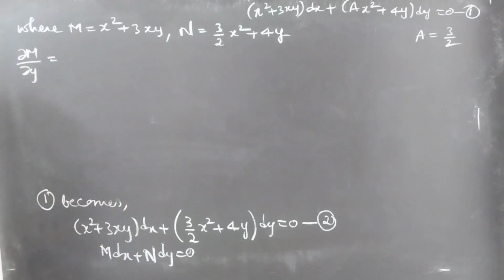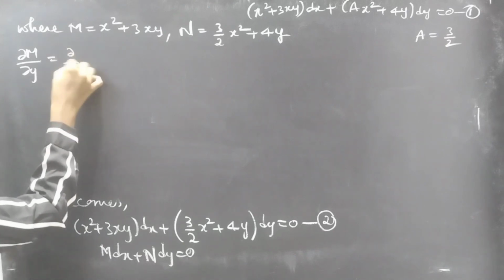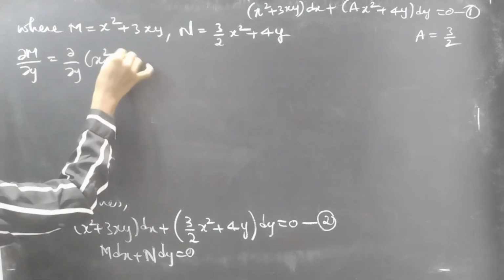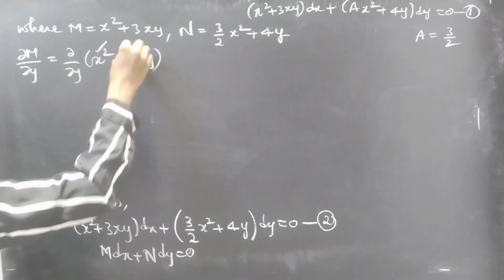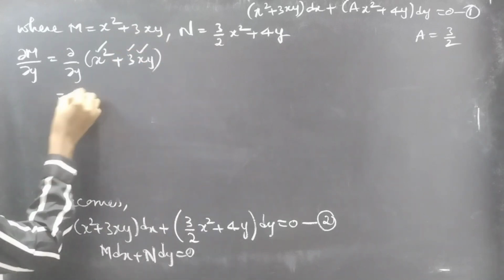I'll begin with partial derivative of M with respect to y, which is equal to dou by dou y of M, x square plus 3xy. Since it is partial derivative with respect to y, x is treated as constant. Here x square is constant, in the second term 3x is constant, right?